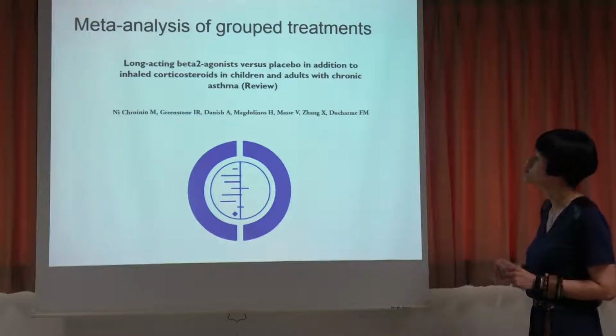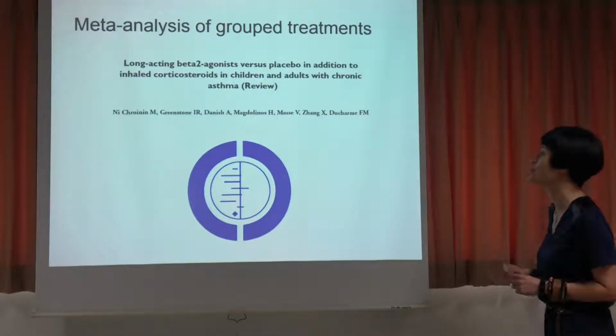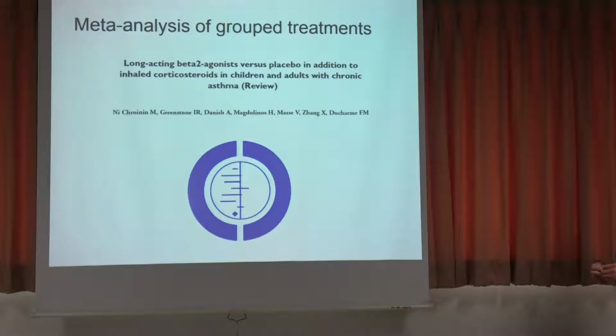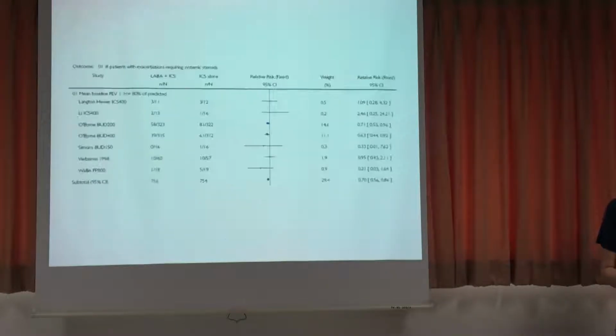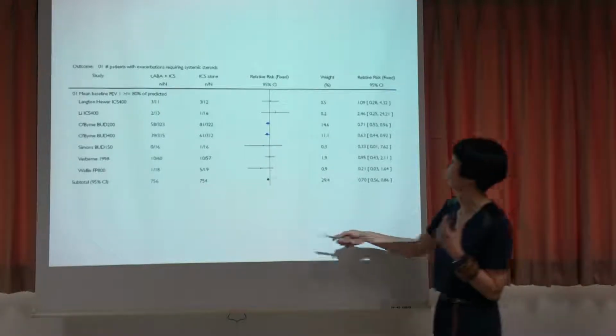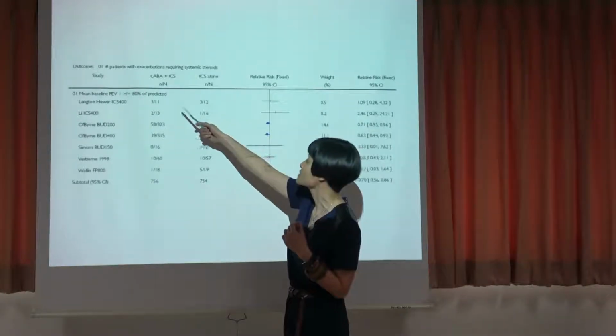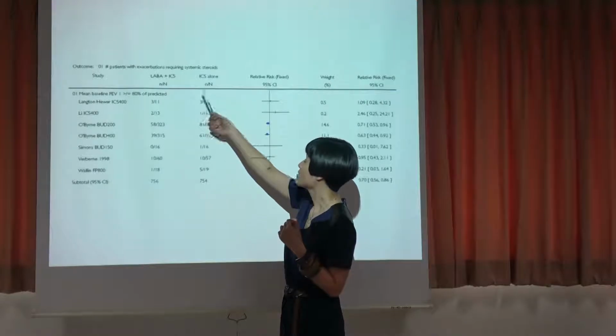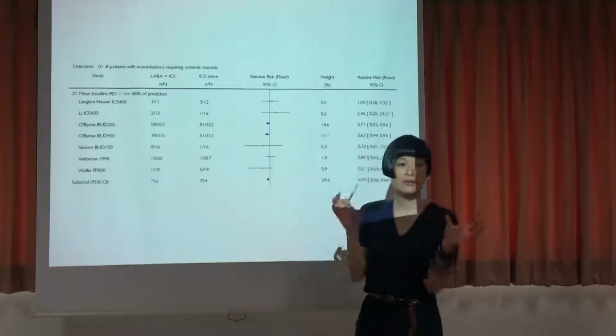So this is a Cochrane review looking at long-lasting beta-2 agonists compared with placebo, in addition to inhaled corticosteroids in children and adults with chronic asthma. So the analysis that they've done is they've lumped it together. So basically the long-acting beta agonists, the LABA, and the inhaled corticosteroids are lumped together.